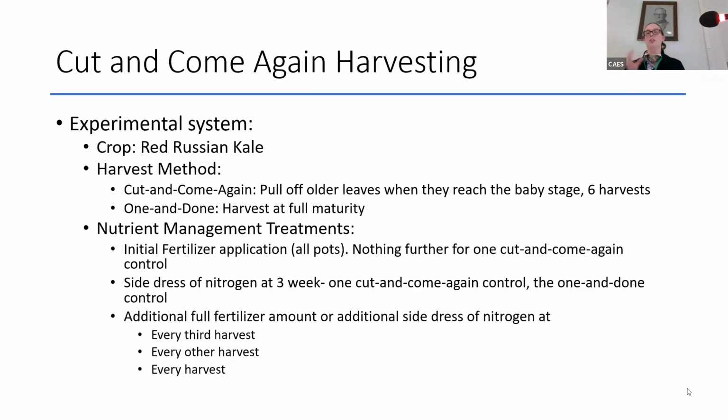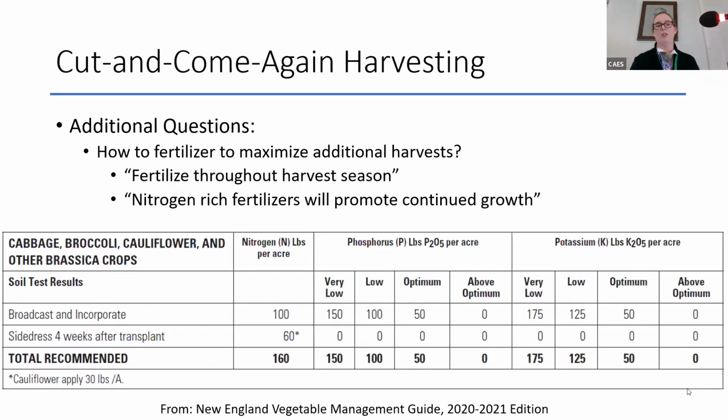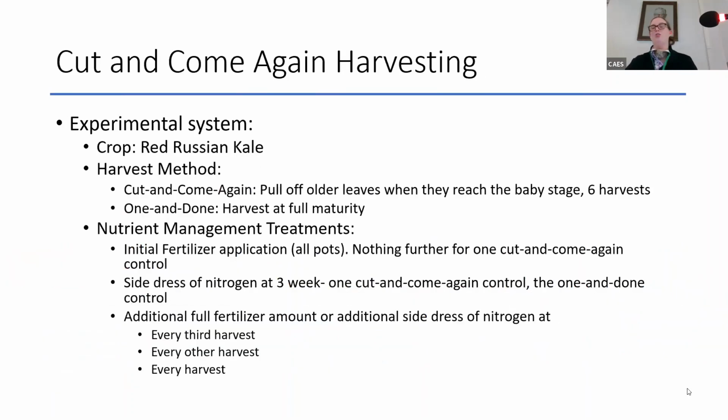So we're going to do an initial fertilizer application that matches this brassica recommendation in all of the pots, then follow that with a nitrogen side dress in 2 of the treatments, and the other 6 treatments are going to be the full fertilizer amount again, or the nitrogen side dress again, every third, every other, or every harvest. And I am assuming this right now, one of my minor hypotheses is that that full fertilizer amount every harvest is going to be way too much fertilizer.